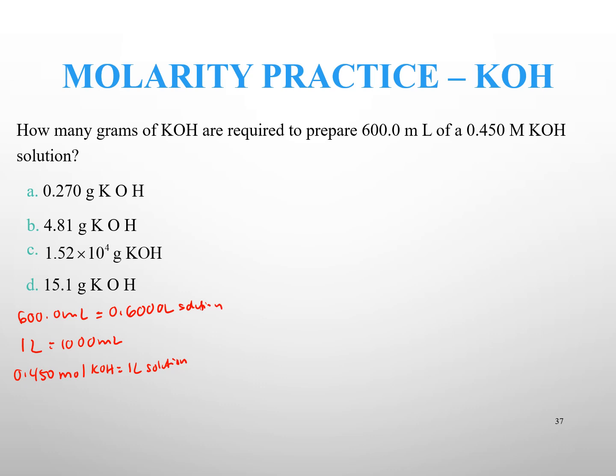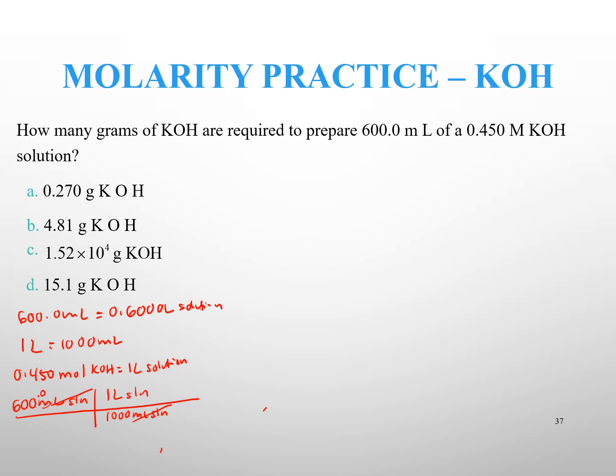Okay. So what I would do is start by saying, well, I know I have 600 mL of solution. And I know that every time I have 1 liter of solution, it really means 1,000 mL of solution. So you see how I cancel out the mL of solution there?